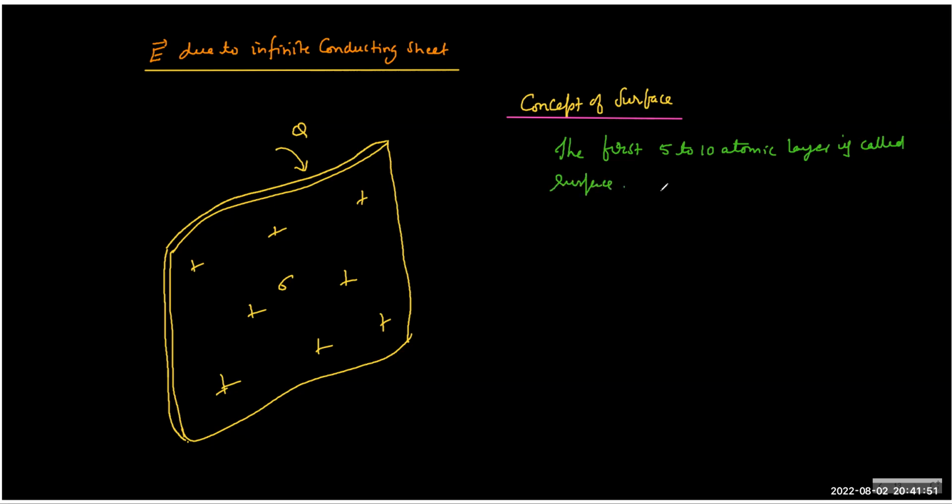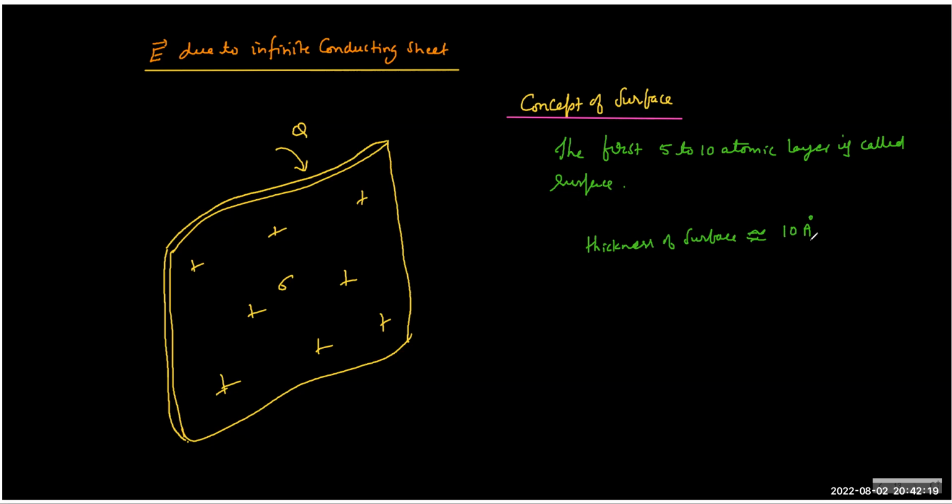And therefore, you can say the thickness of the surface is roughly equal to 10 angstrom, because one atomic layer is 1 angstrom.